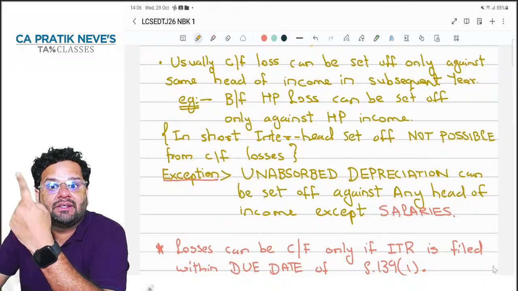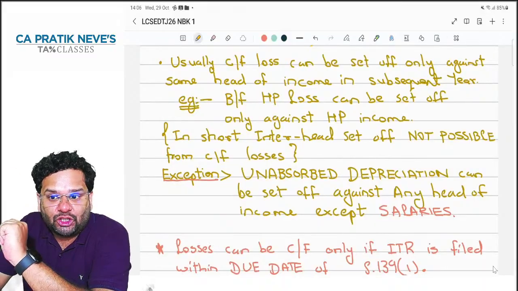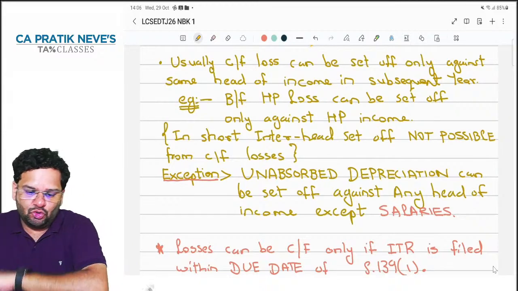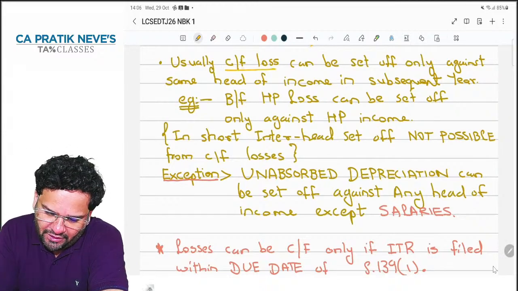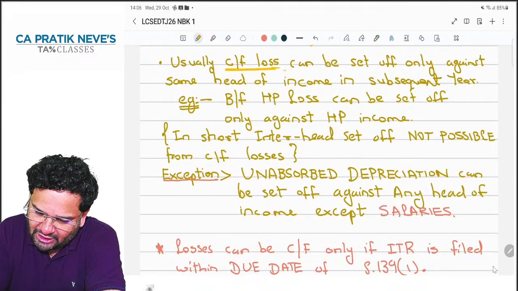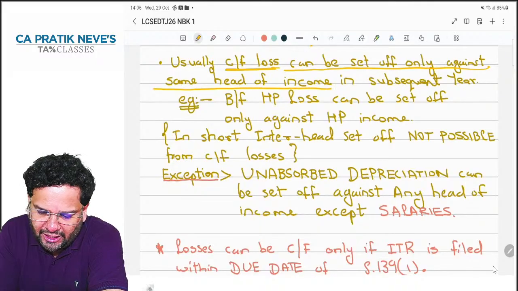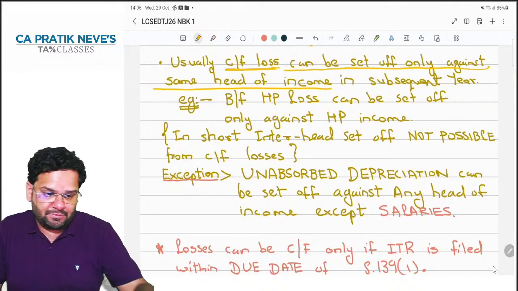That HP loss in future can be set off only against HP income. So usually carried forward loss can be set off only against the same head of income in subsequent year.